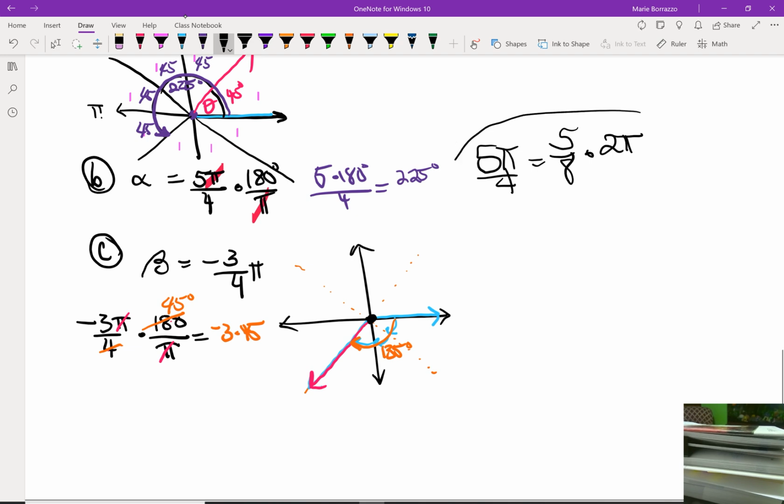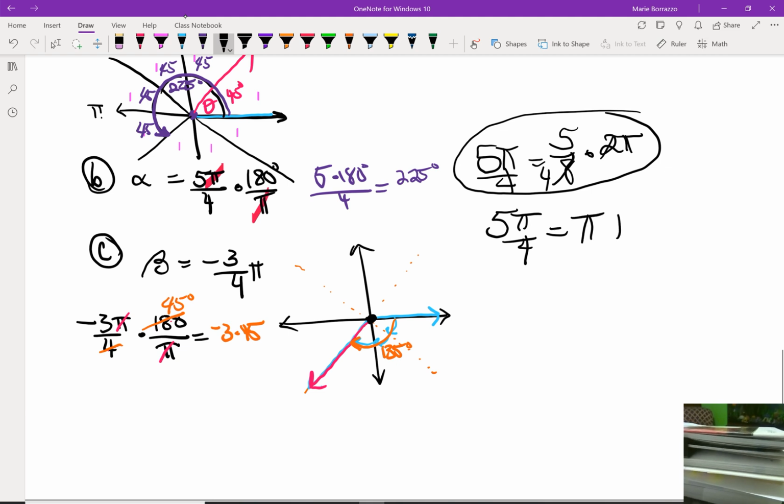That's method 1. If you look at the math behind that, this will reduce to 5 pi over 4, basically. Method 2, they take 5 pi over 4, and they say that this is equivalent to pi plus pi over 4.